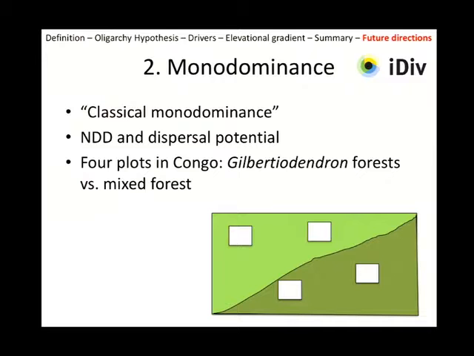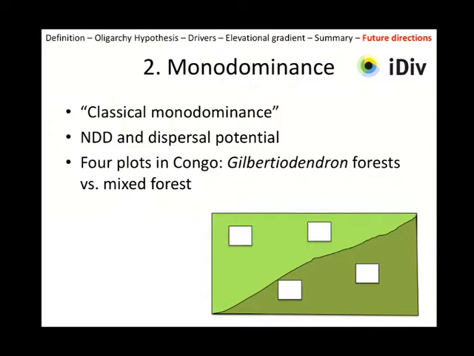I am most interested in the negative density dependence effects and its interaction with dispersal limitation to generate monodominated patches within mixed forest. I am going to work with permanent plot data from the Congo.